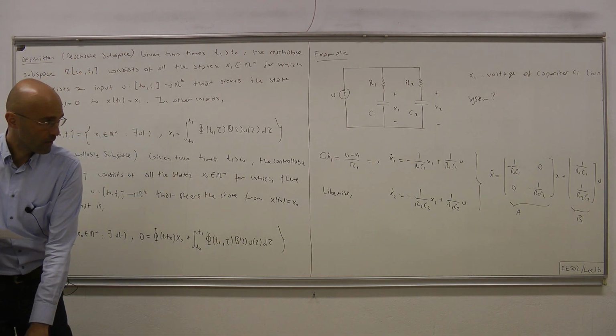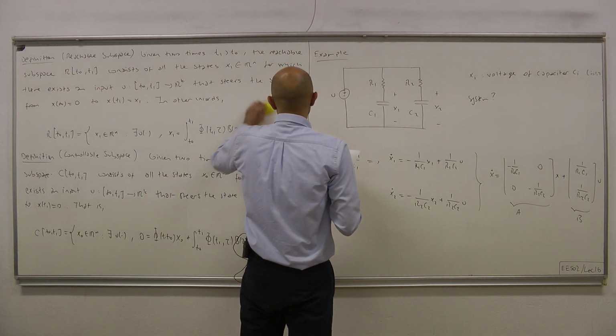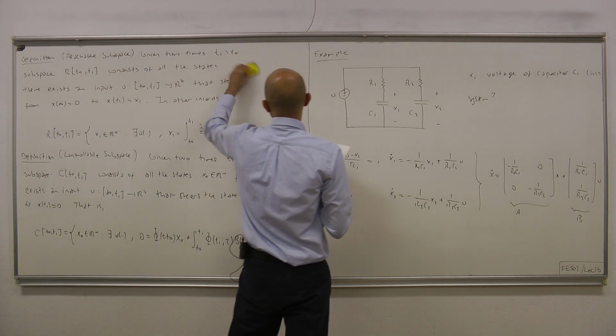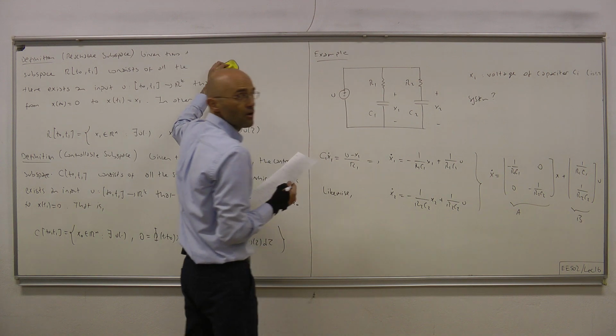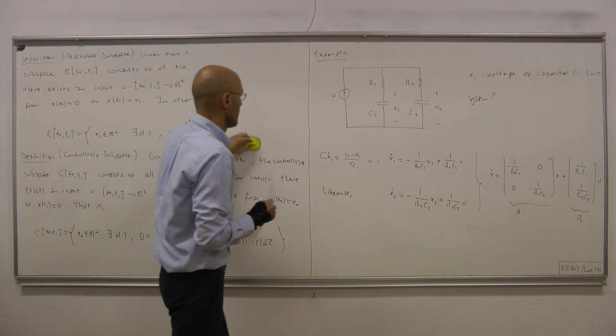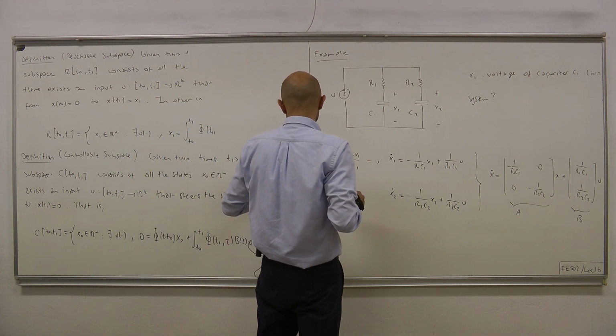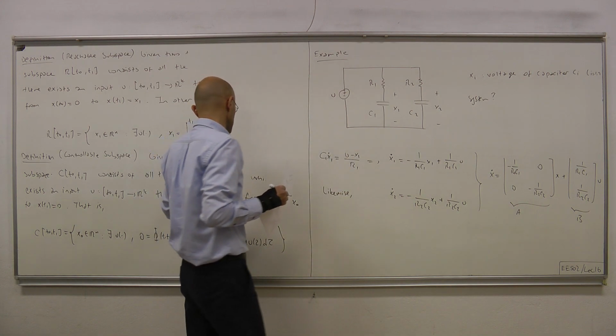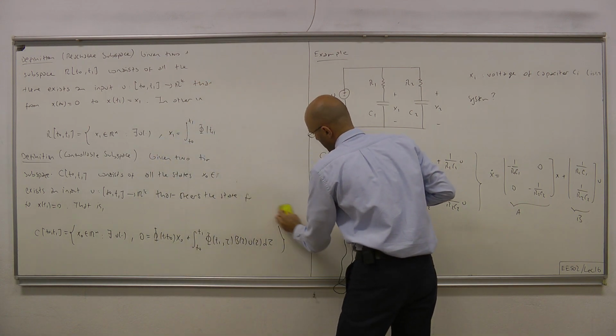Now let's obtain the solution for the system, which is easy because the A matrix is diagonal. Therefore, the state transition matrix can be trivially obtained.